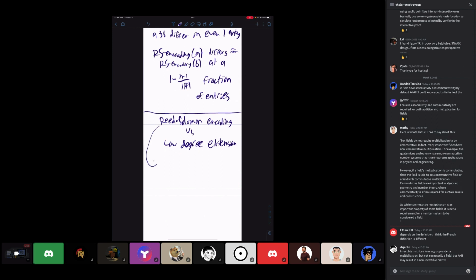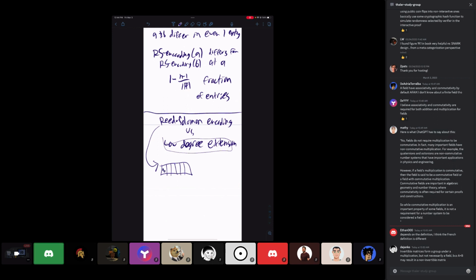By the way, sometimes people refer to low degree extension encodings as Reed-Solomon encodings, and that's exactly the reason that I think led to this question and the confusion.